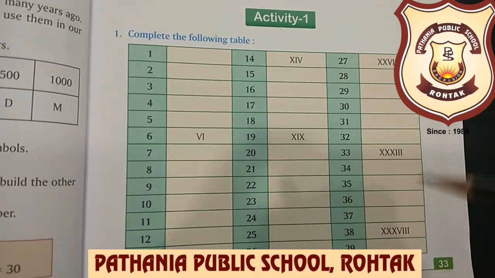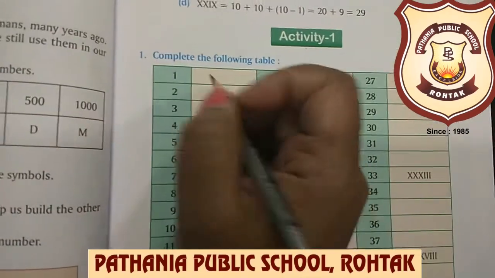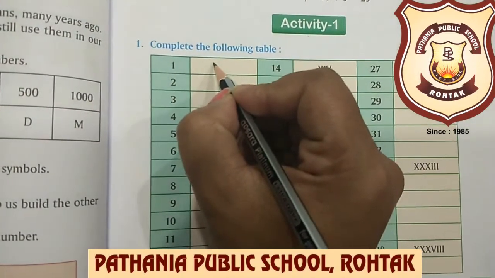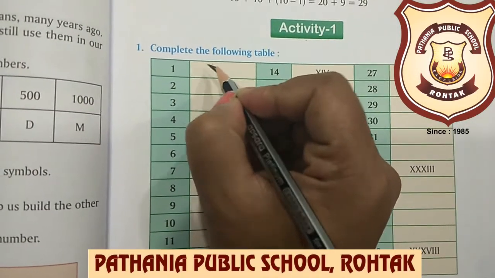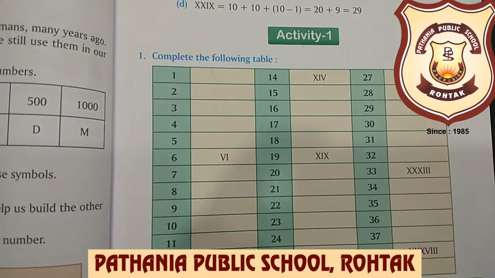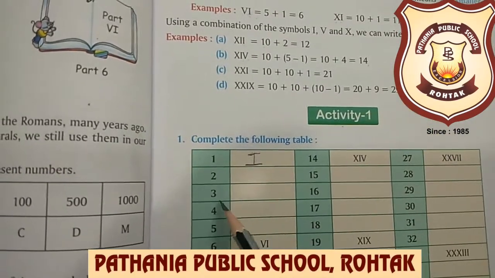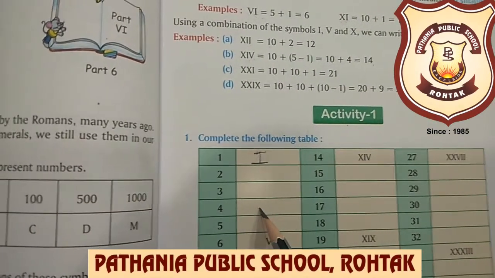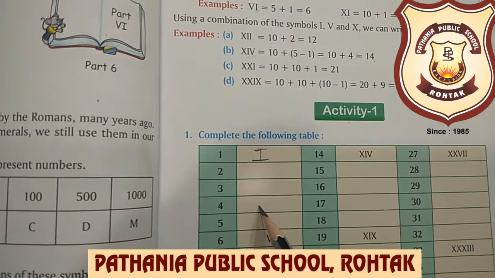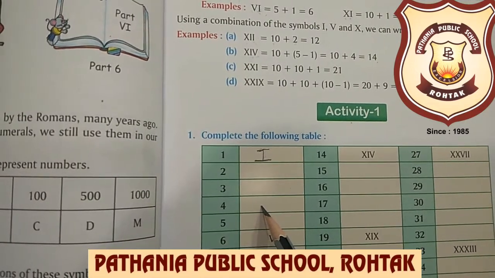Some symbols are given to you and some you need to write. See beta, 1. 1 is what? I. So we will write I here. Now 2 will be II, 3 will be III. What will be 4? We can't repeat a symbol more than 3 times.